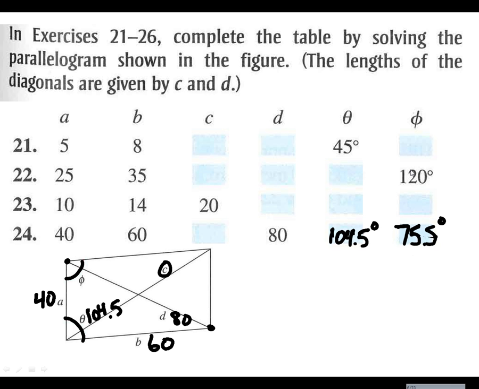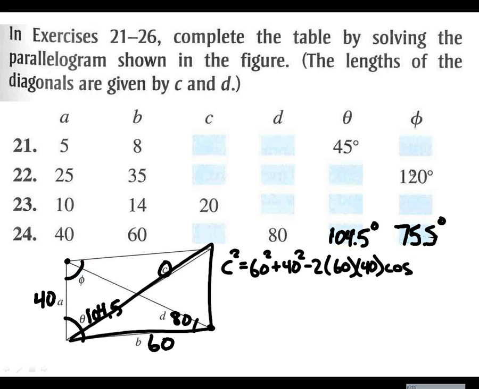All right, so for C, C squared equals, the two other sides are still 60 and 40, minus 2, 60 times 40 times the cosine of what angle is across from C? It's going to be this angle down here, which we decided was 75.5. So let's plug that in real quick. 60 squared plus 40 squared minus 2 times 60 times 40 times cosine of 75.5.